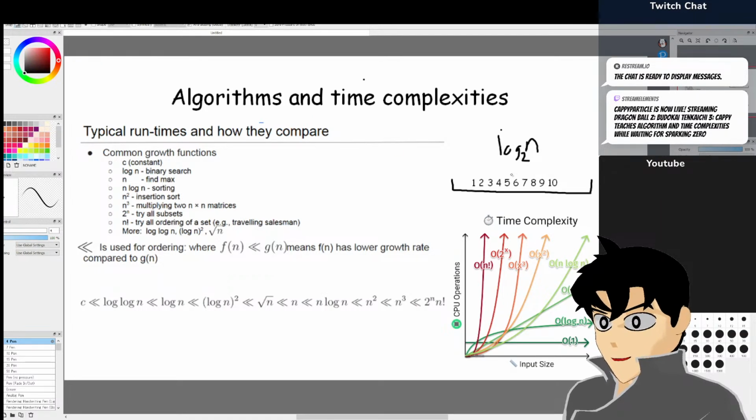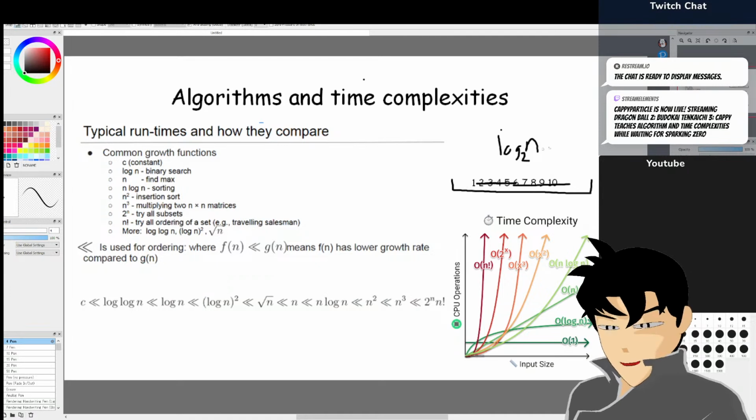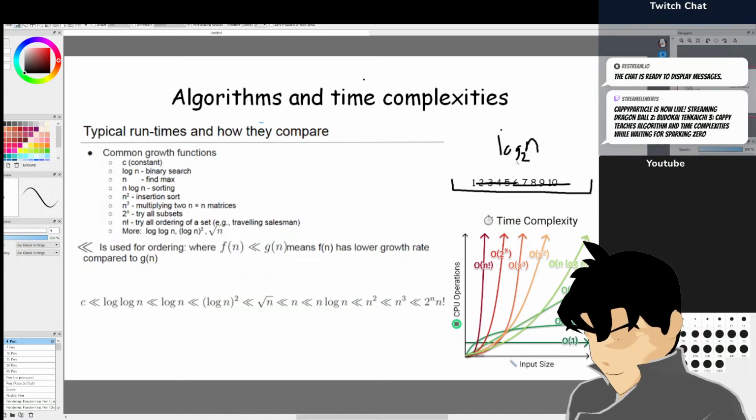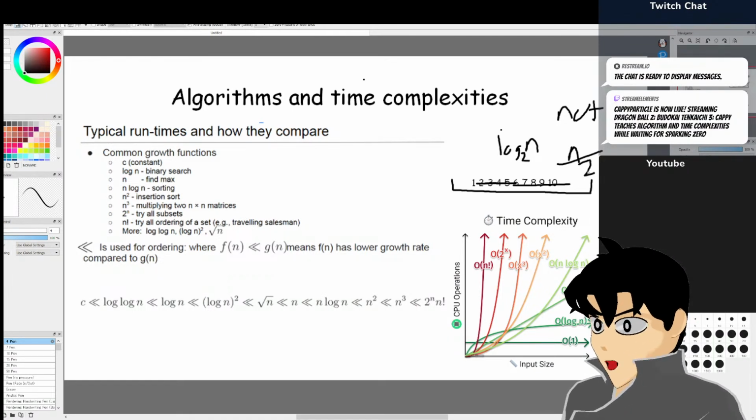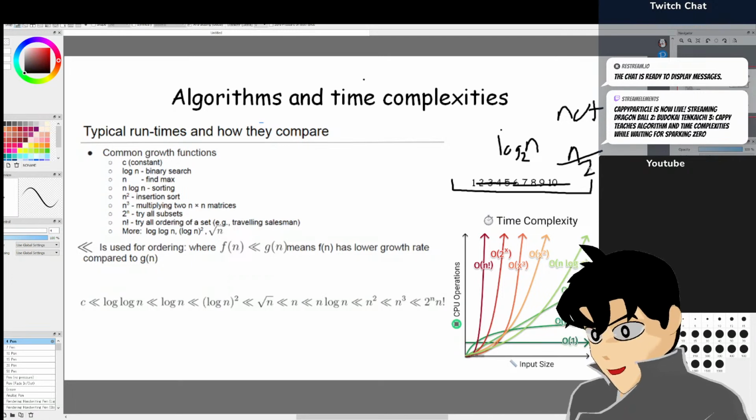So log would get rid of half, then get rid of half, then get rid of half. It's exactly log 2n. It's not n over 2, because 2 over 2 is technically constant.